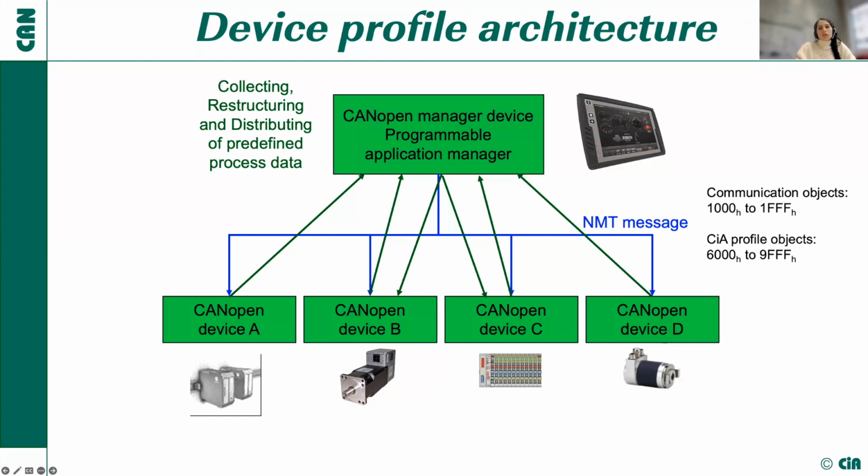And also device profiles are indicated in this index range, and the communication objects are indicated in the index range from 1000 to 1FFF. Usually the corresponding PDOs or communication objects are produced and consumed by devices with the network management functionality.